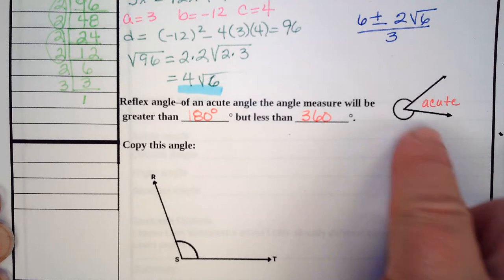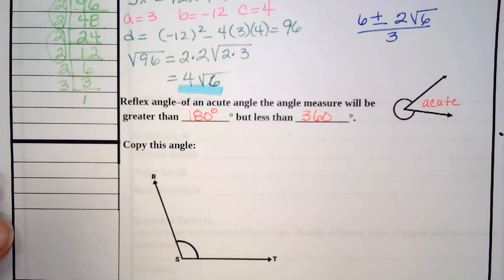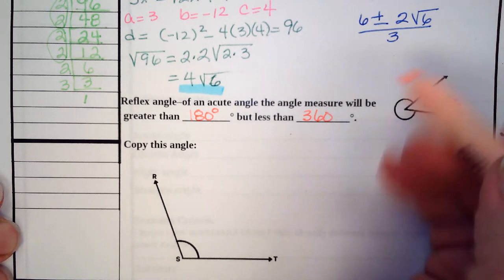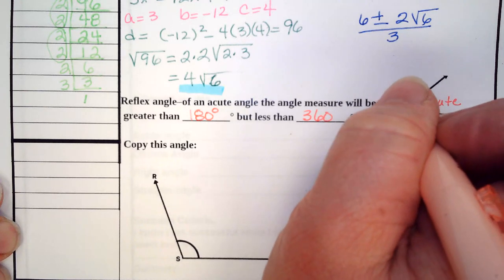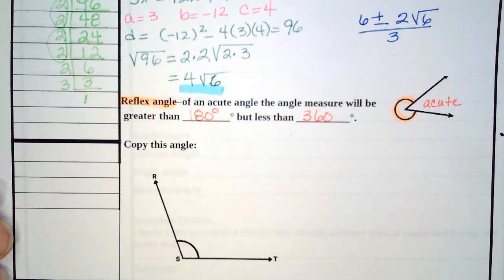So this is your reflex angle, which is the one on the outside. And it's got to be greater than 180, but still less than 360.